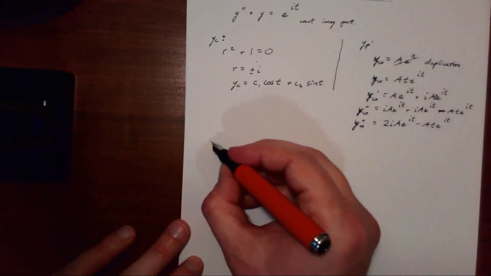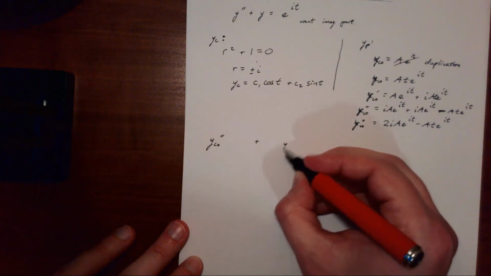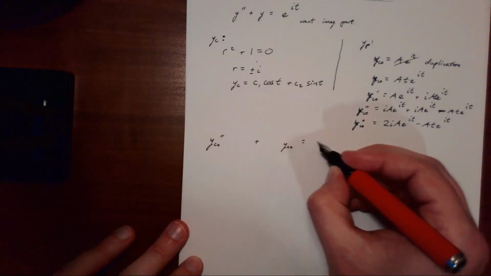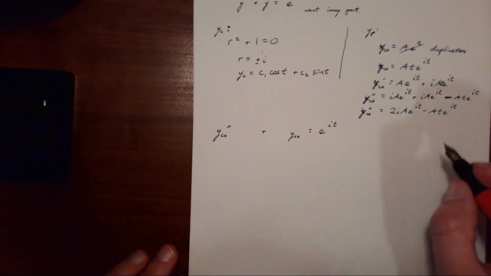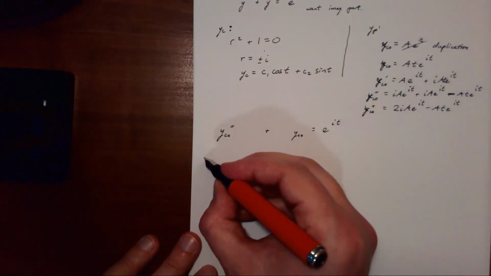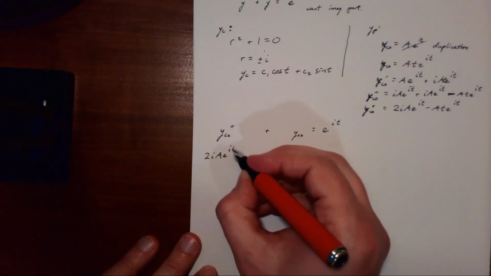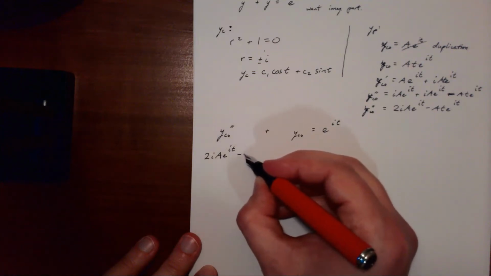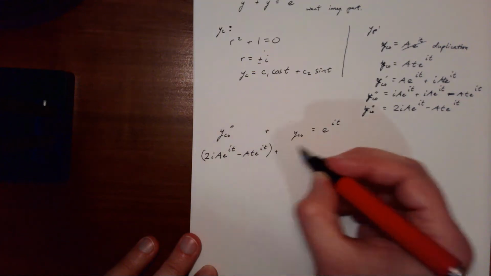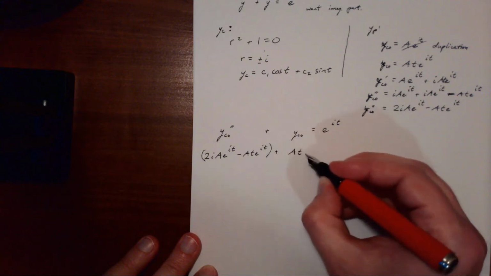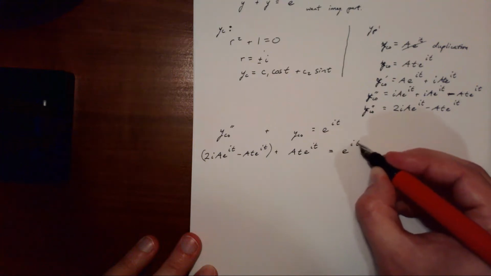Okay, so then y particular double prime plus y particular is supposed to equal e to the it, but by our investigation over here, if there's a mystery a, it will fit in this pattern: 2ia e to the it minus a t e to the it plus a t e to the it is equal to e to the it.